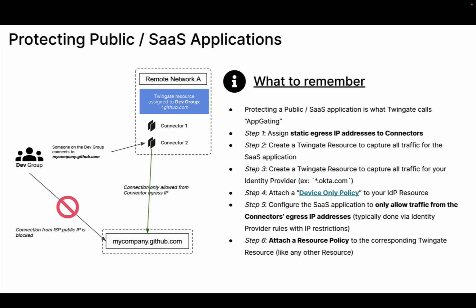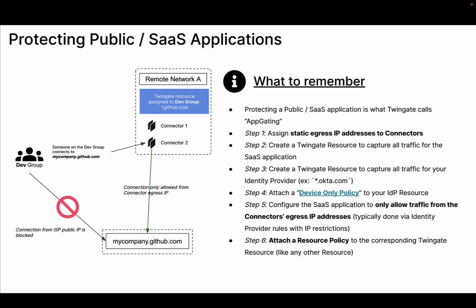You could require device verification for devices to be able to connect to your enterprise GitHub, even though that's not something GitHub Enterprise allows you to do by default. There's all sorts of things that you can do here. You don't need to rely on your identity provider to do this sort of app-gating use case, but we find that it's a lot easier to manage if you do it from the identity provider itself.